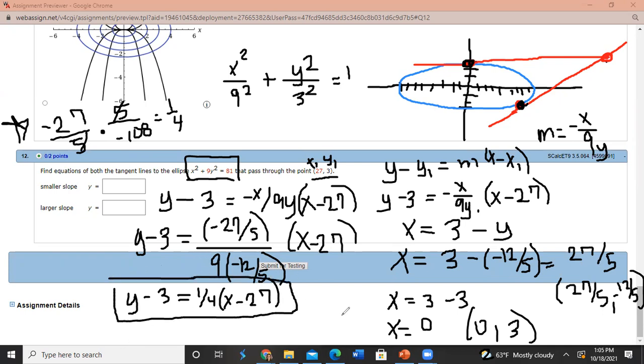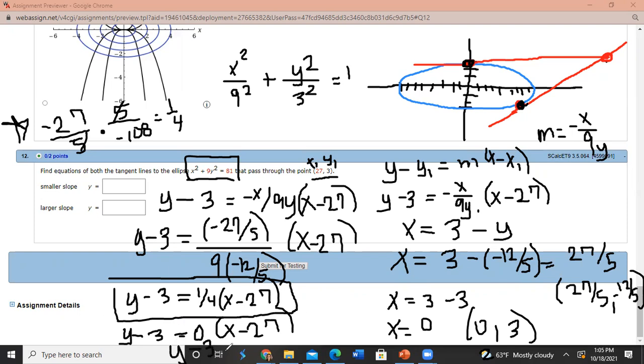And then the other slope, if we plug it in, you might sort of see what it's going to be already. It's going to be y minus 3 equals, x is 0 for another point, so the slope is 0 times x minus 27, which is one of those funky ones where the 0 essentially wipes everything out.